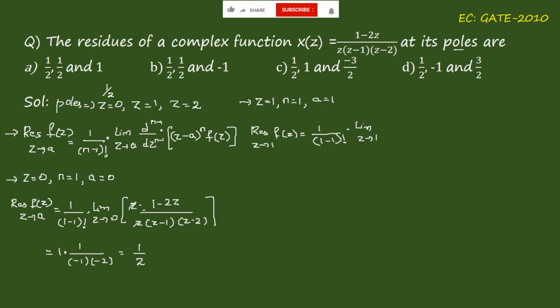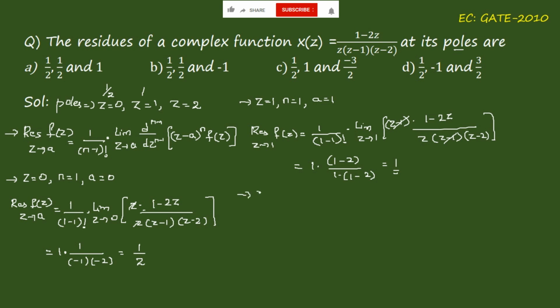Now no need of doing differentiation, 1 minus 1 is 0, so it becomes z minus 1 into 1 minus 2z by z into z minus 1 into z minus 2, right. Now these two get cancelled. Now 0 factorial is nothing but 1, so it becomes 1 into, substituting the limit here, 1 minus 2 by 1 into 1 minus 2, right, which is equal to 1. So we get the value as 1 for z is equal to 1.